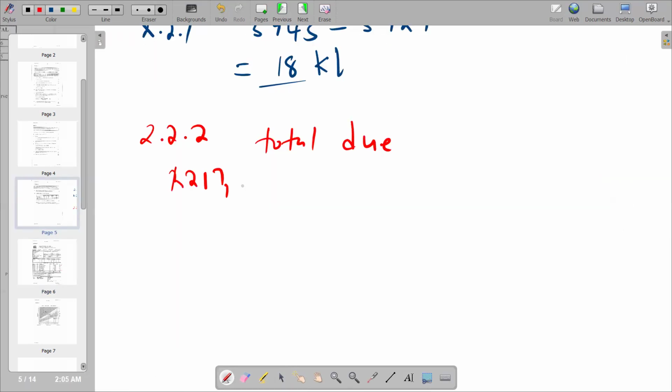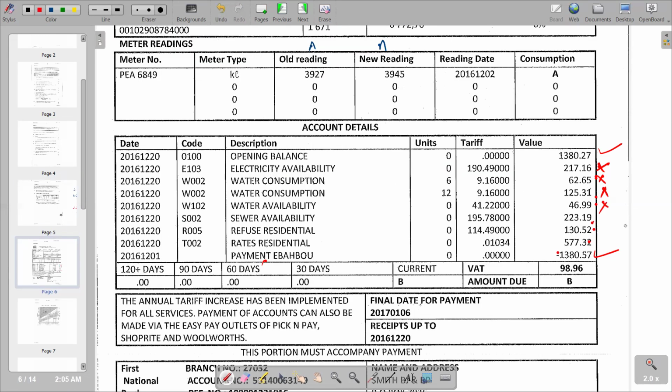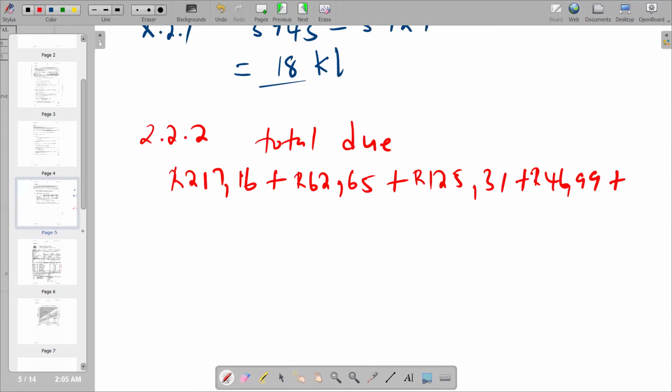We add the next one, which is 62 rand 65 cents, and 25 rand 31 cents. Then from there, 99 cents. Then we add 223 rand 19 cents.